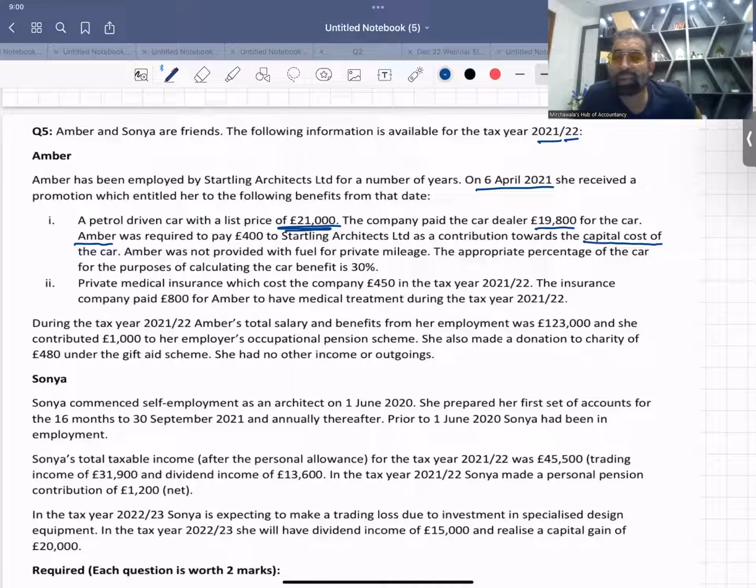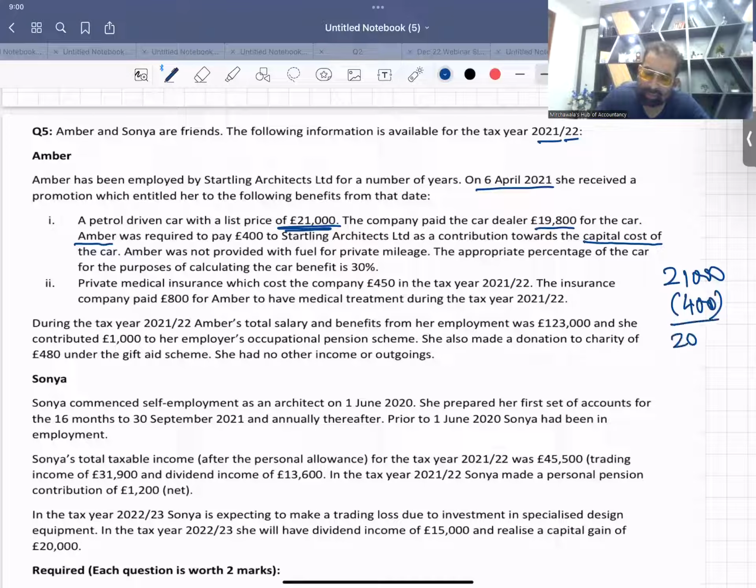Capital contribution by the employee is deducted from the cost of the car. So 21,000 is the cost of the car, less 400. So 20,600 is the cost of the car.